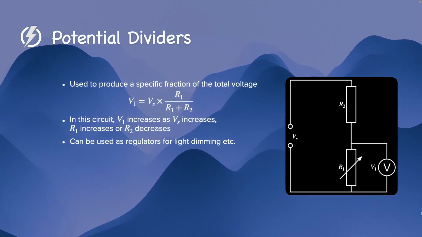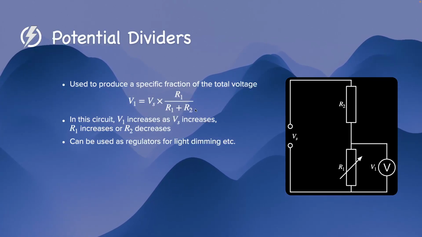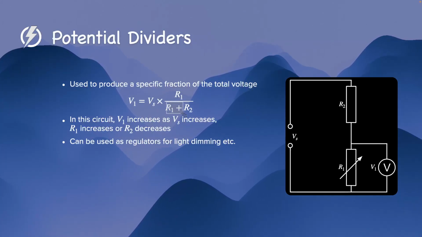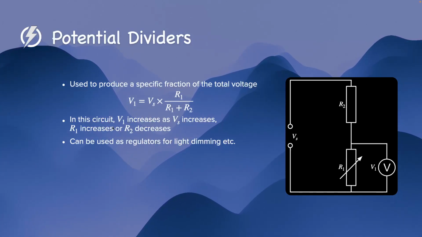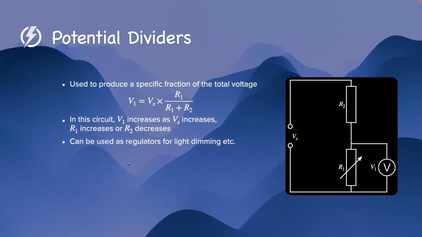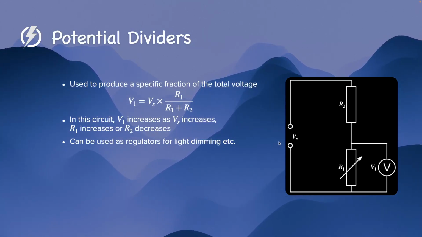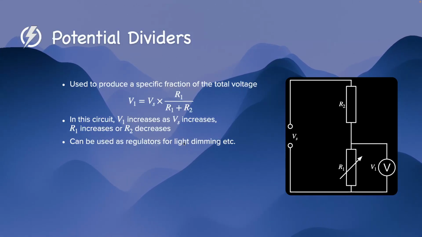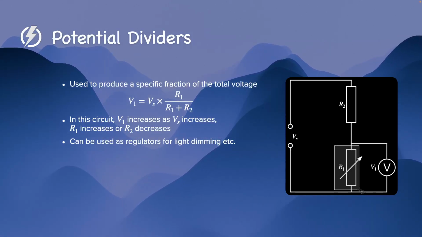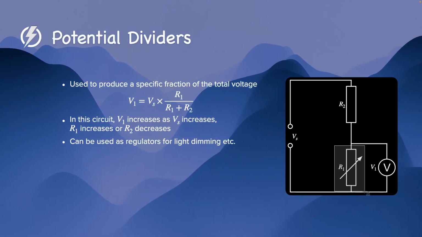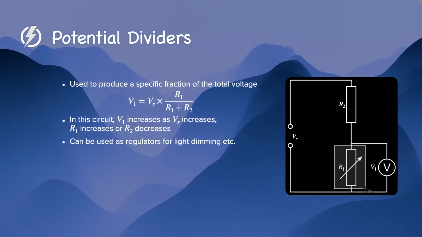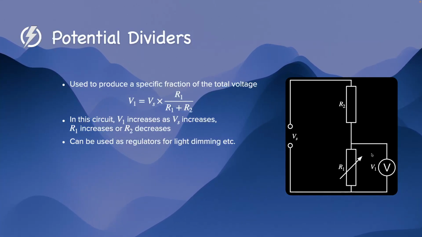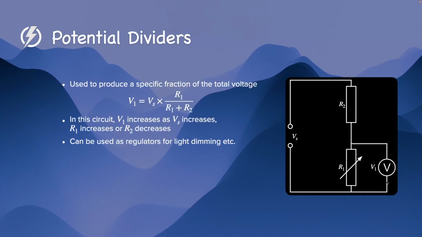So V1, the voltage of this, is equal to Vs times R1 over all of the other resistances and also R1. In this circuit, V1 increases as the source voltage increases, but it also increases when this resistance increases, because as you know, the formula V equals I times R. This resistance increasing would increase the voltage across it.